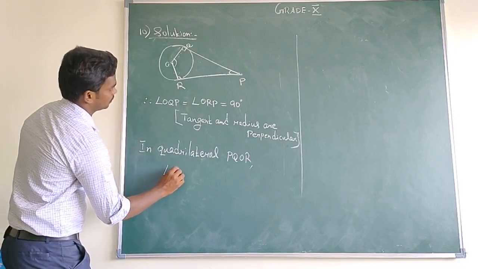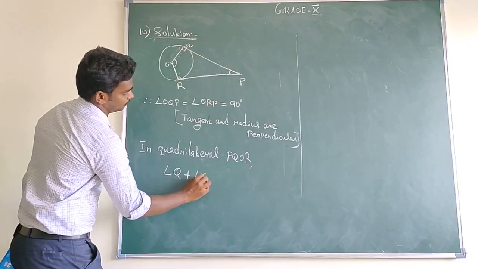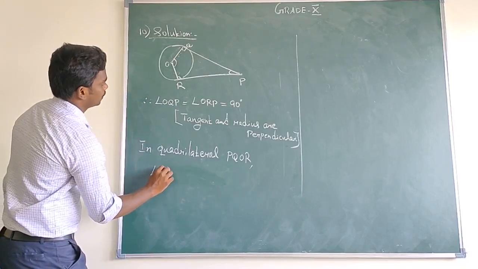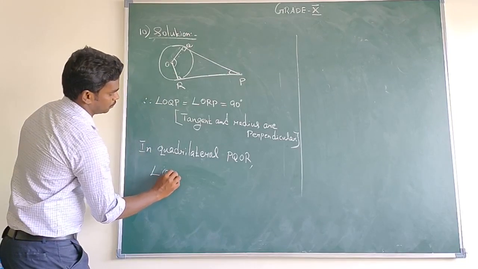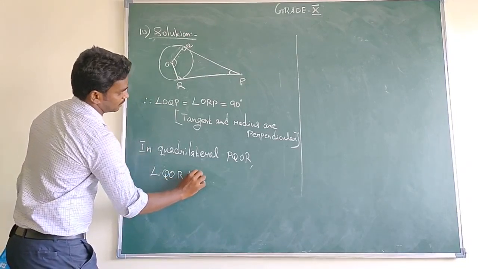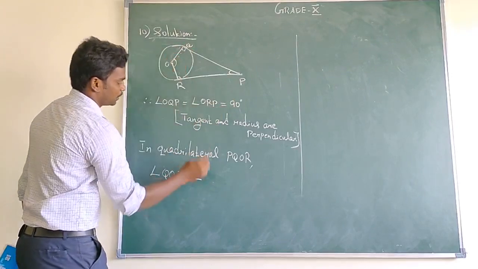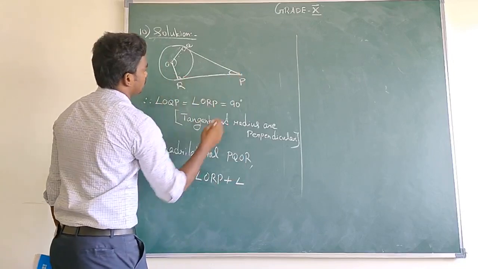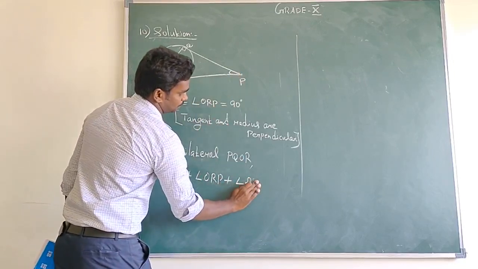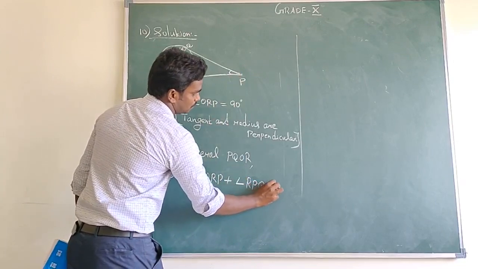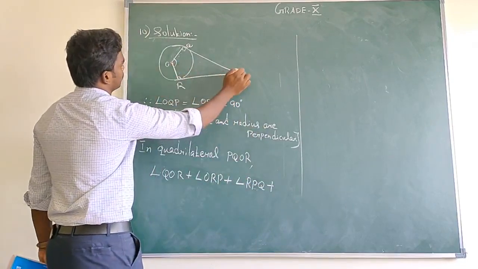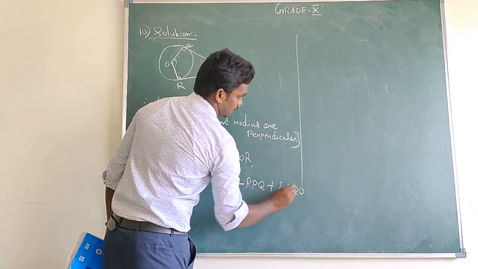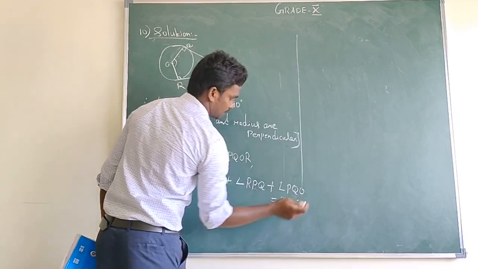So angle QOR plus angle ORP plus angle RPQ plus angle PQO is equal to 360 degrees.